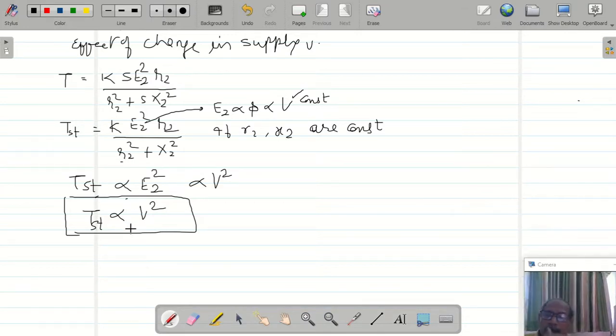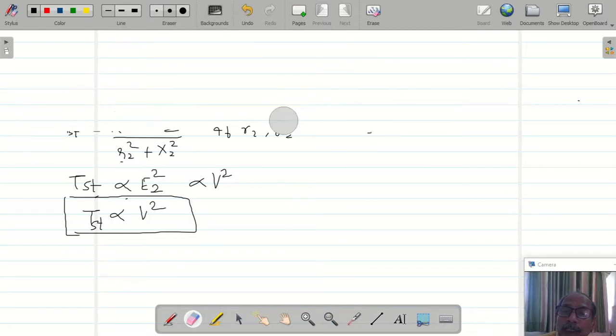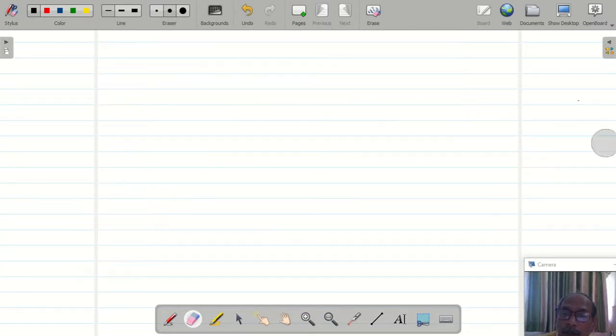If supply voltage is less, starting torque is less. If supply voltage is more, starting torque will change with the square of the voltage. So this is the concept I want to tell you. Second thing. So be careful about it. If you are keeping supply voltage constant, torque will not change much.